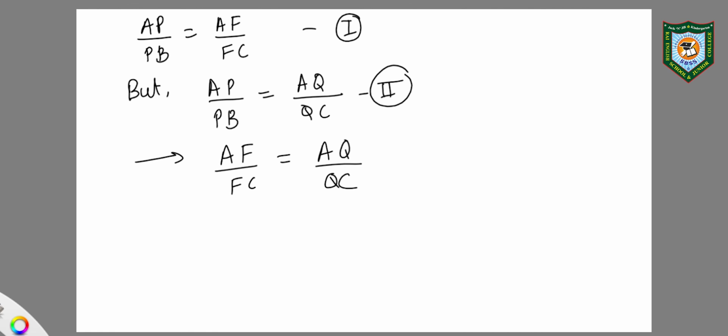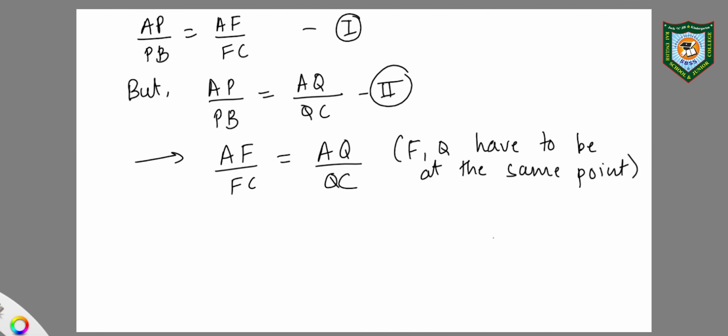So in order for this to happen, F comma Q have to be at the same point. If F and Q are at the same point, this result is going to be valid.